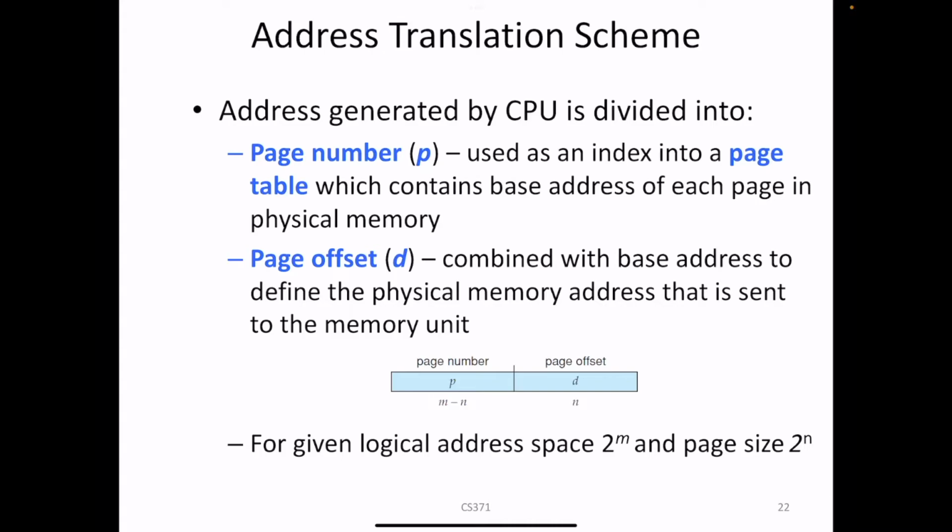And since the page size is 2 to the power of n, we can use the lower n bits of the m bits to represent the page offset. Then the number of pages for the corresponding process will be represented by m minus n bits. If you cannot get the point right now, don't worry, we have a couple of examples in the later slides to help you understand it.